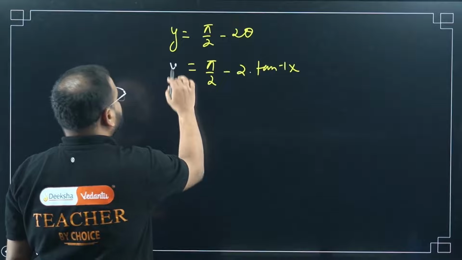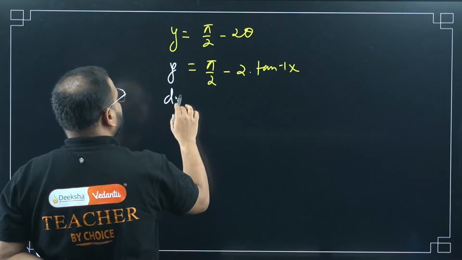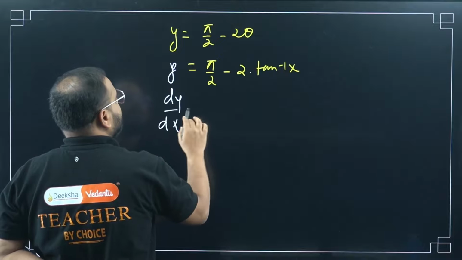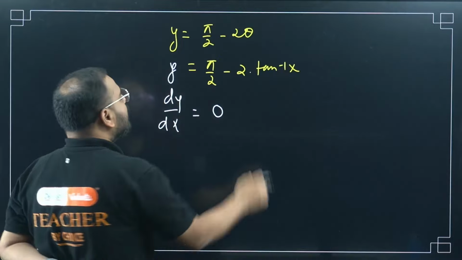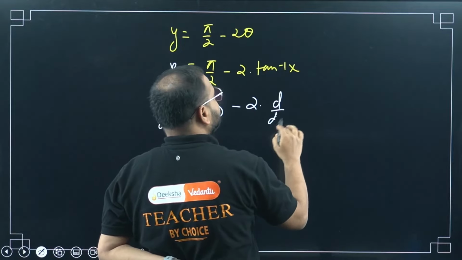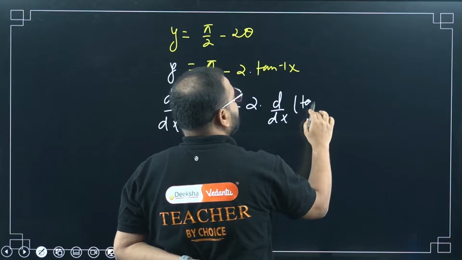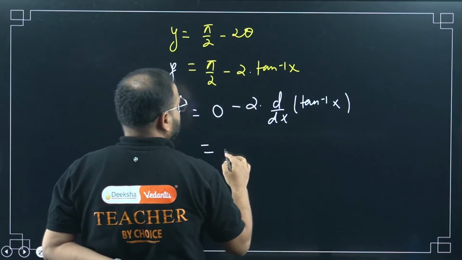Okay, now I can differentiate, sir. How will I differentiate? So dy by dx equals, this is 0, since the differentiation of a constant is 0. Again, I can take this 2 outside and take the derivative of this. This is minus 2.